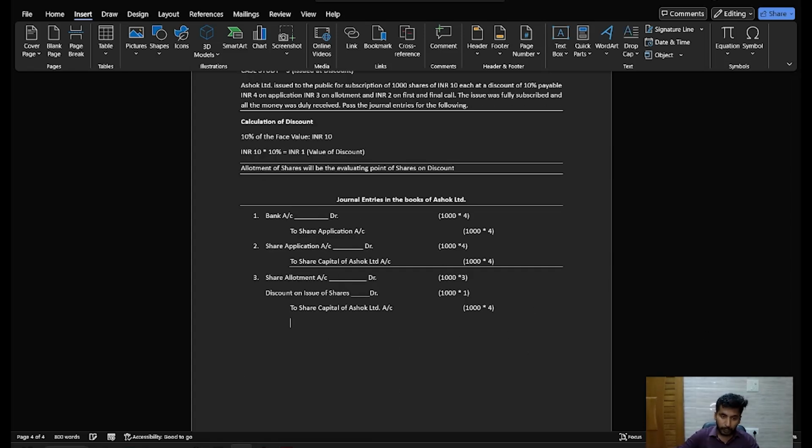After that, you will ask for the money. That will be bank account debit to share allotment account, 1000 multiplied by 3 and 1000 multiplied by 3.